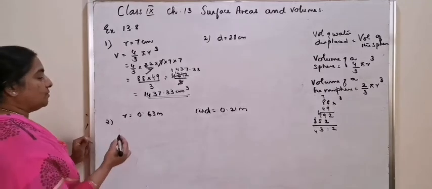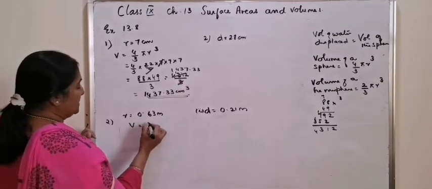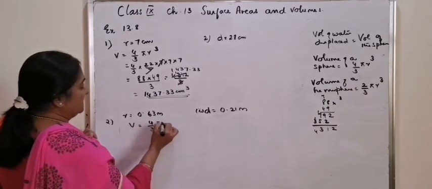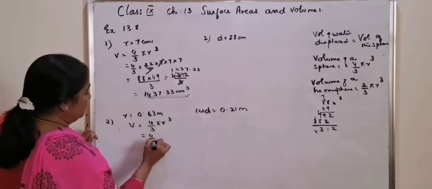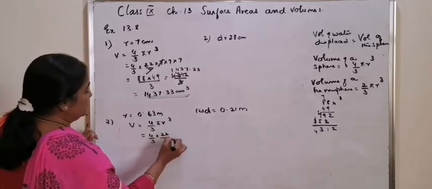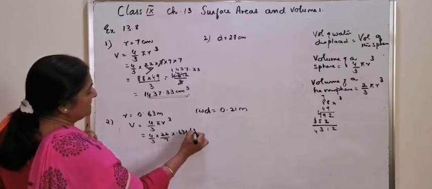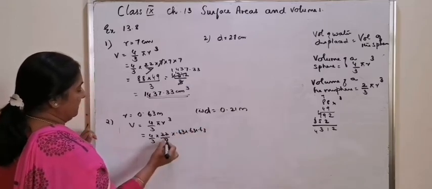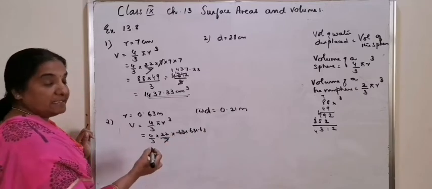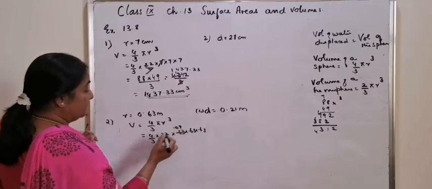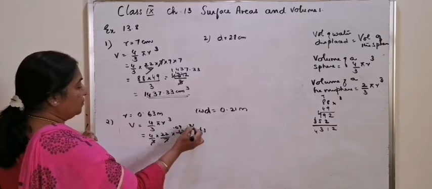Again, radius is 0.63 meter. Volume is equal to 4 by 3 pi r cubed, 4 by 3 into 22 by 7, 0.63 into 0.63 into 0.63. 7 into 0.09 is 0.63, 3 into 0.21 is 0.63.